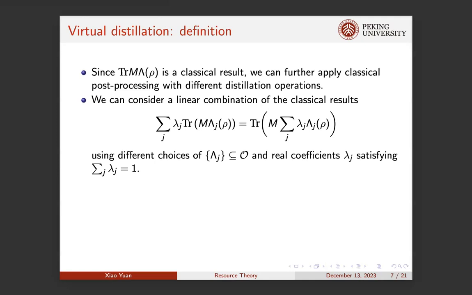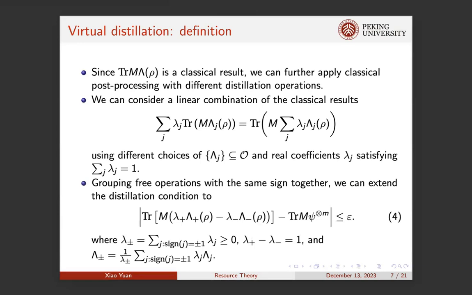Imagine we have many different choices of free operation, and we linearly combine the classical outcomes with coefficients c_j. This is definitely doable, because we can just combine the classical results. Then we can rewrite this equation into this one. So it looks like we could apply a linear combination of free operations to the quantum state rho.